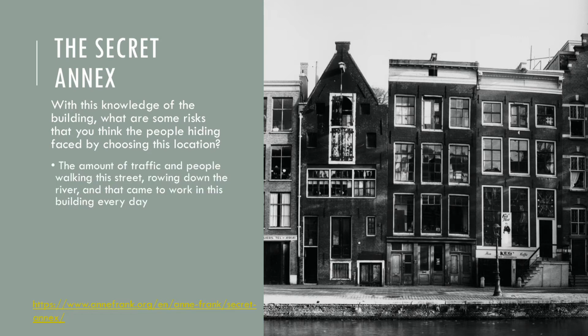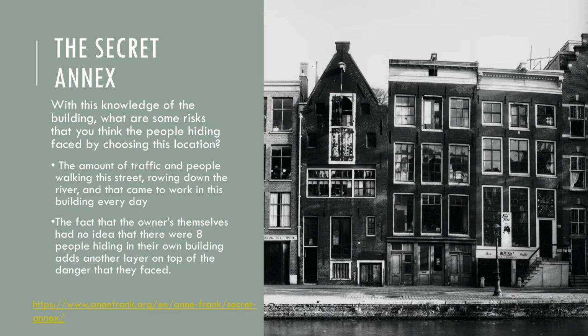Obviously, the amount of traffic and people walking the street and even going down the river every day would be a risk, as well as some of the people coming in to work. Also, the fact that the owners themselves had no idea that there were 8 people hiding in their own building adds another layer on top of the danger that they already faced.